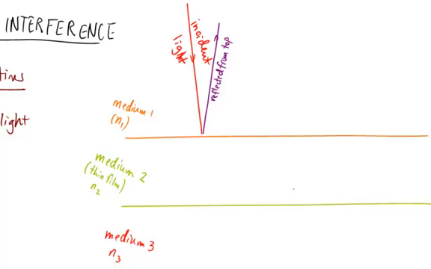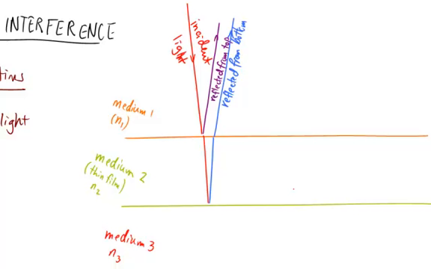Some of that incident light is actually going to make its way through the film. When it gets to the bottom surface of the film, then it meets another boundary, and some of that light gets reflected from the bottom surface of the film. That light that's reflected from the bottom surface is going to travel back up, and it is going to interfere with the light that reflected from the top surface.